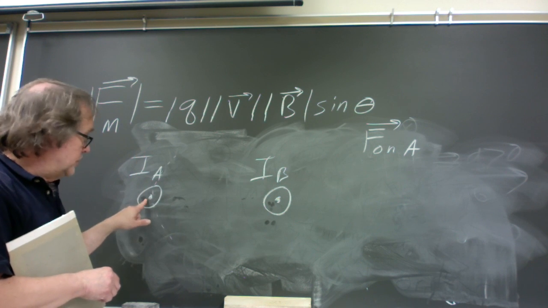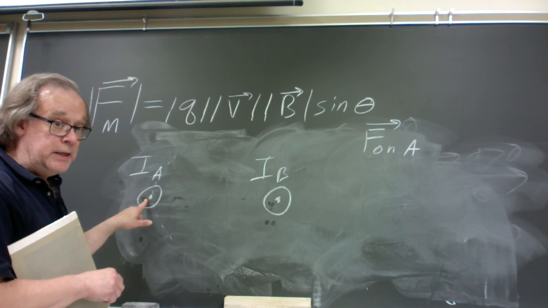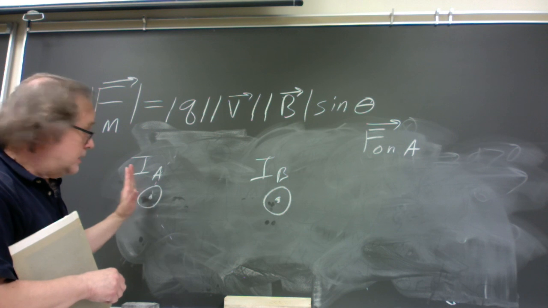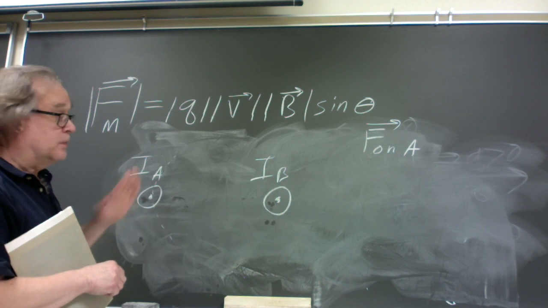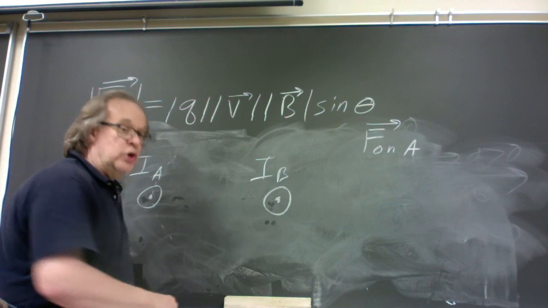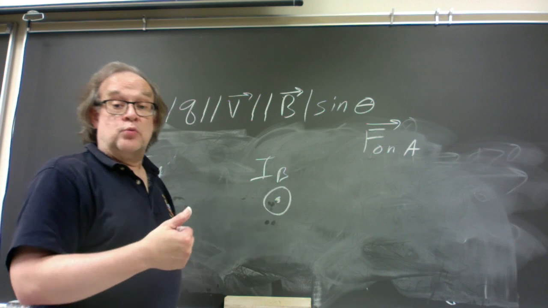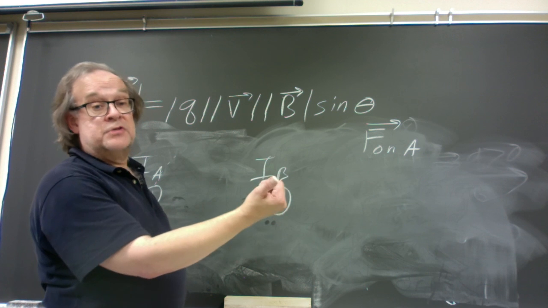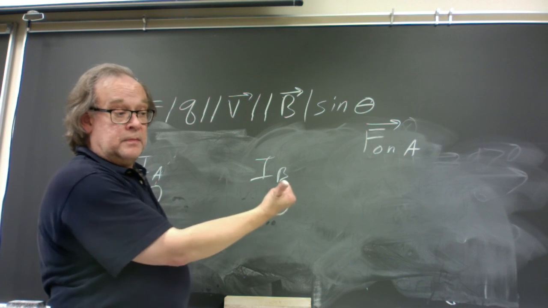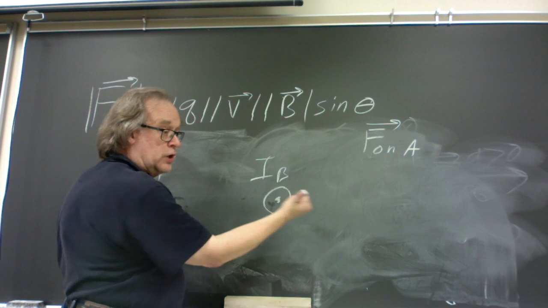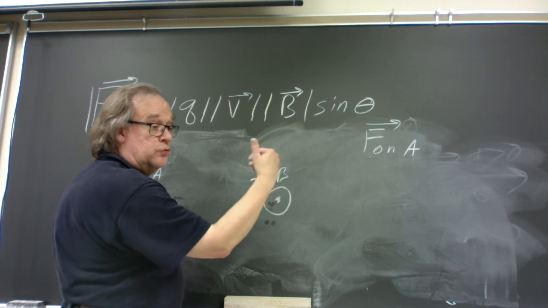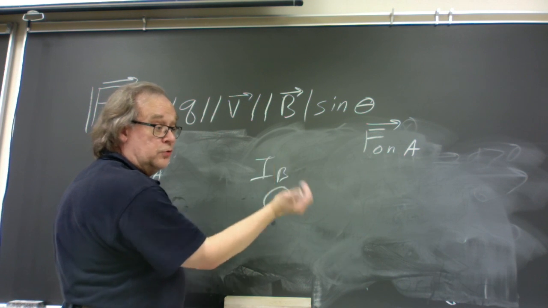So the field here, the field that's caused by current B, and the field that is felt by current A, is pointing either up or down. Which one is it? We go back to the right-hand rule that we thought about the other time that gives us direction of field. Thumb in the direction of the current. Now curl your fingers, and that shows the flow of the circular field lines.